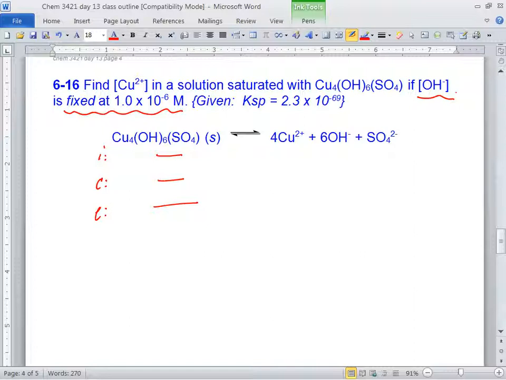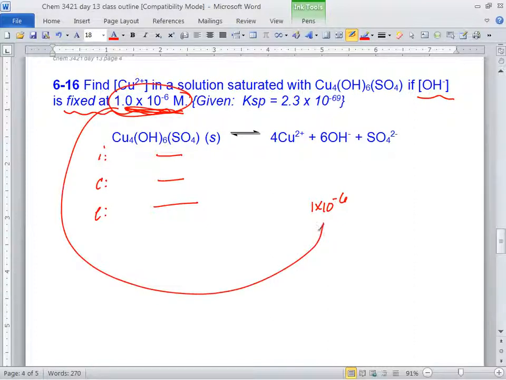Well, not only would it be the initial, it's also the E. It's the E, right? Because it's fixed. So right off the bat, you know the equilibrium answer for hydroxide. And you don't multiply it by 6 or anything like that. They said this is the concentration, so that's what you put in right under the hydroxide.